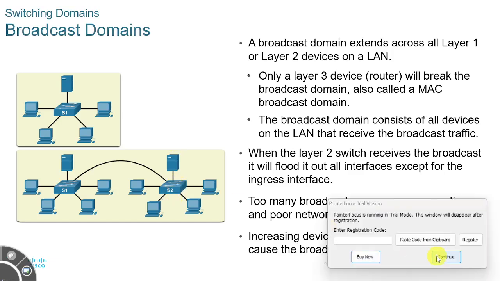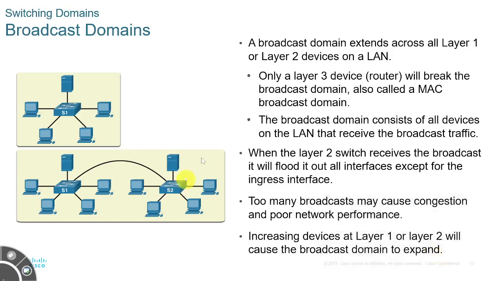So it will broadcast the message on all ports except the ingress port that it has received the message from, here, except for the ingress interface. If we do many broadcasts, we will have, as I told you, network problems, such as congestion, for example.